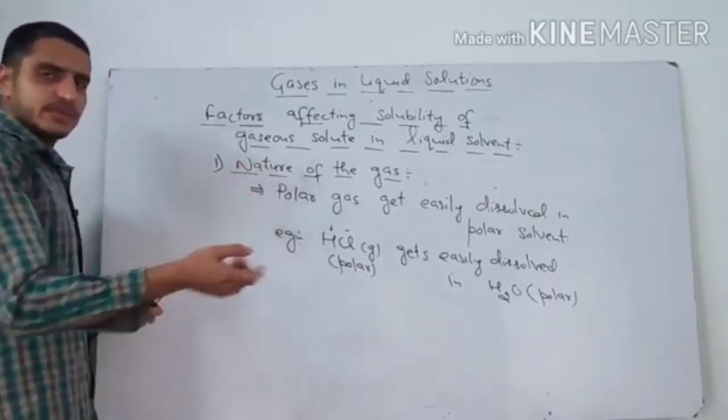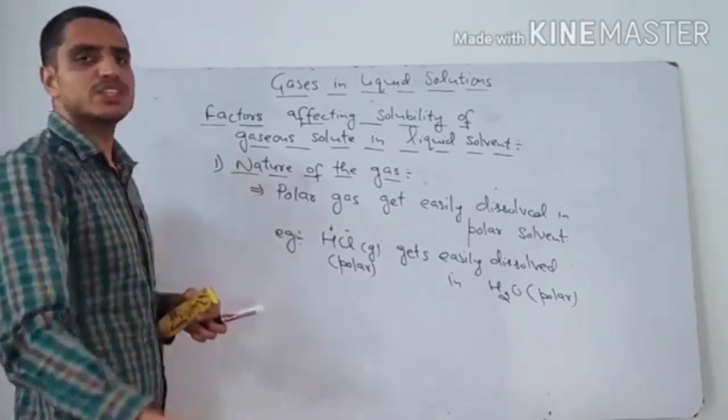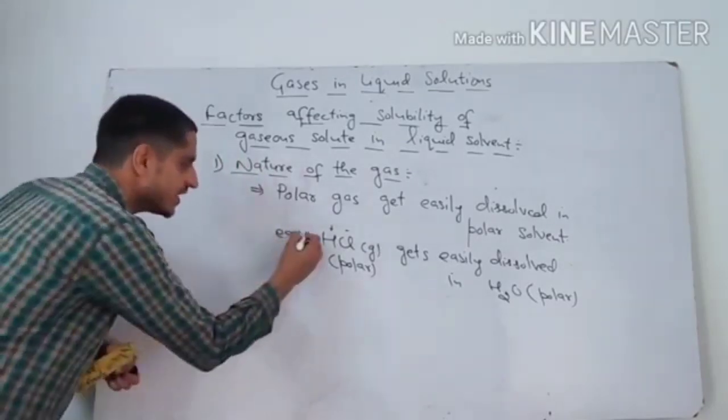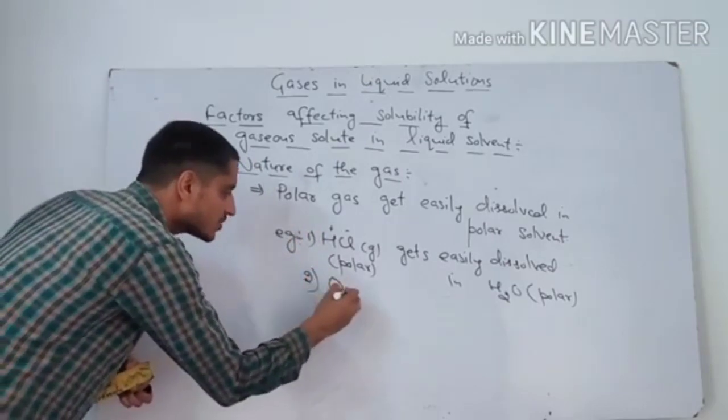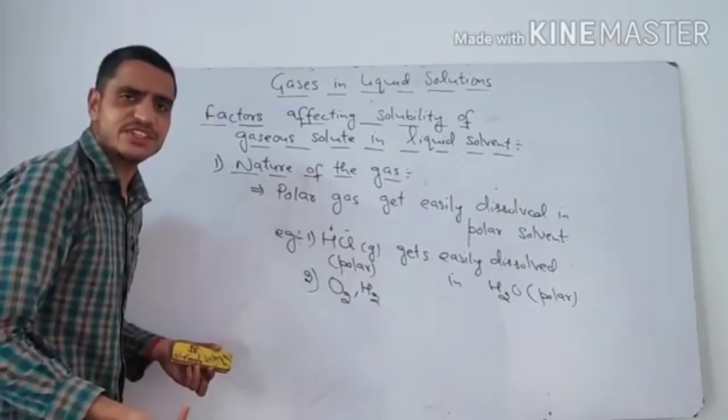Okay, clear? HCl gas is more soluble in water as compared to oxygen and hydrogen gases. Oxygen and hydrogen gases are non-polar, no charge separation is there.